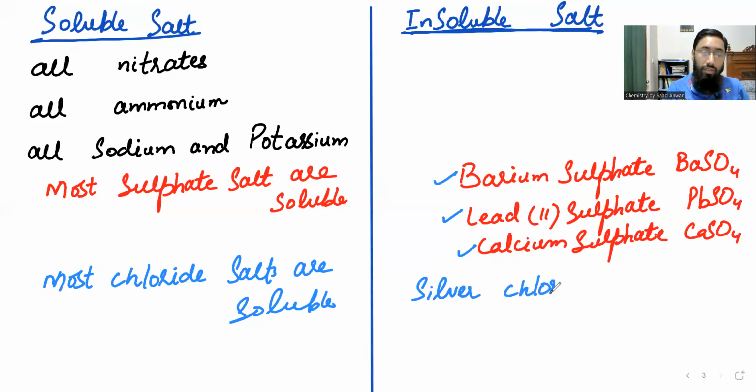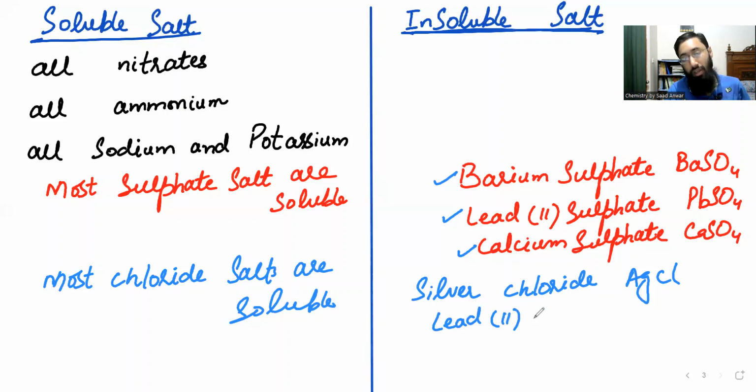Silver chloride is a chloride salt, but this is insoluble. AgCl is its formula. The next is lead 2 chloride, PbCl2 is its formula. This is a chloride salt, but this is insoluble in water.